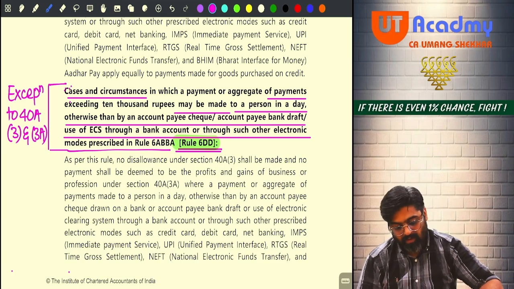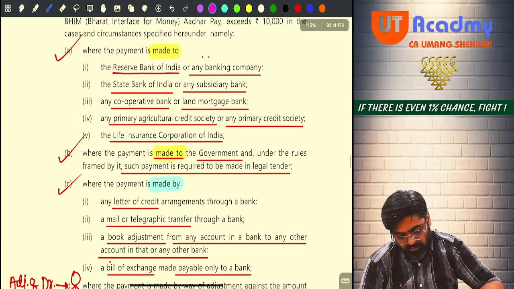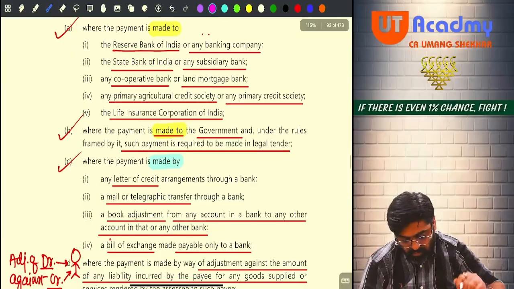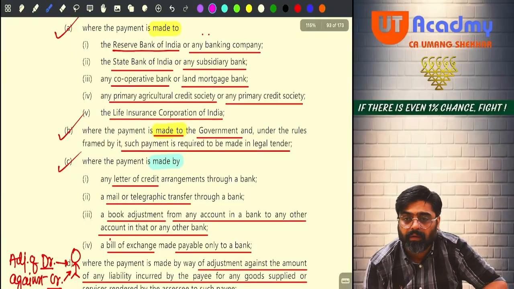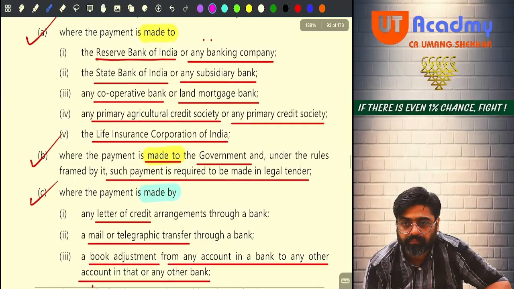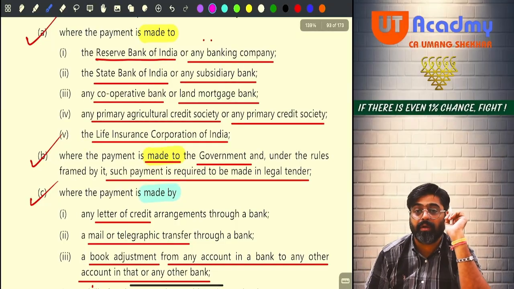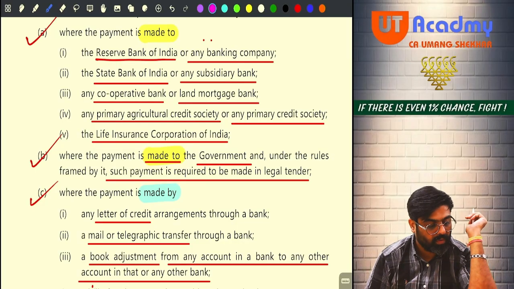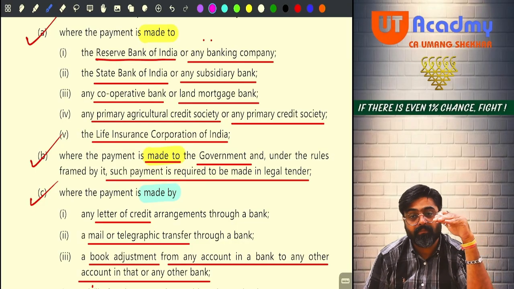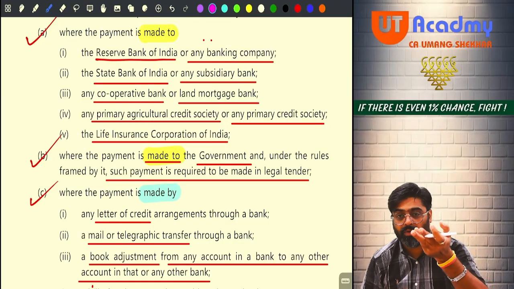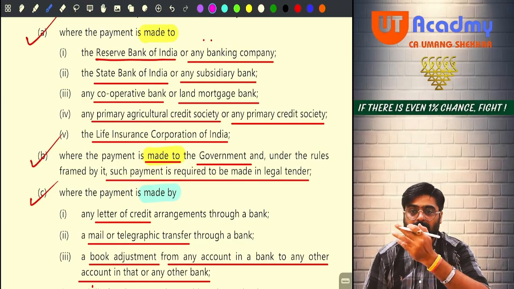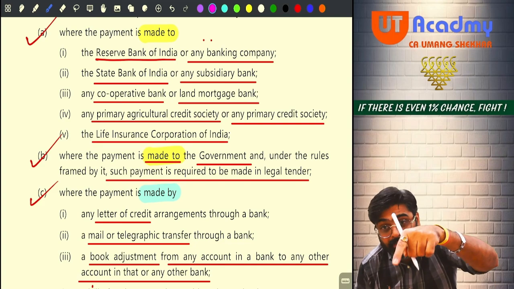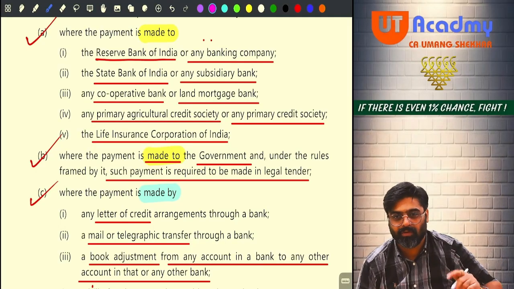Now, wait. Number one, read this part. What is important, I have already highlighted: payment made to. Meaning that you are an assessee, you have incurred some business or profession related expense, and now for that payment, you are making the payment to whom?